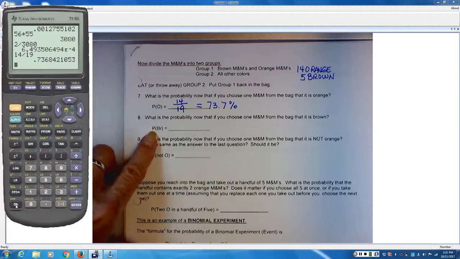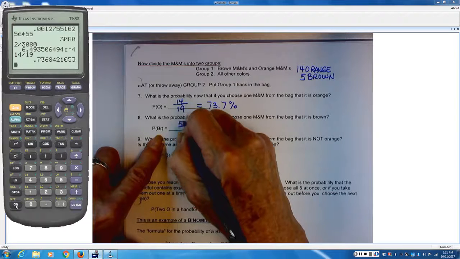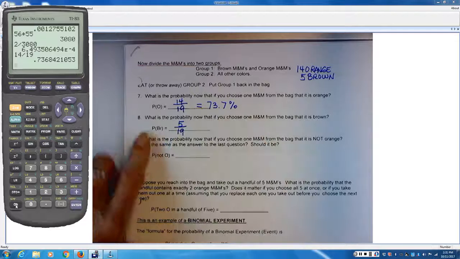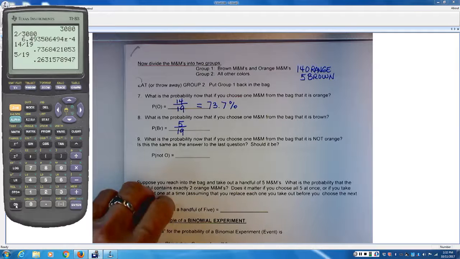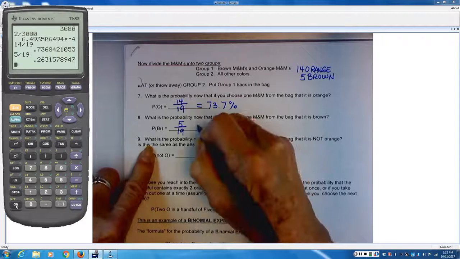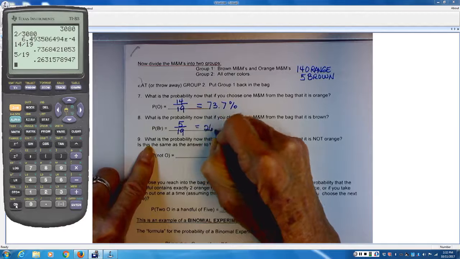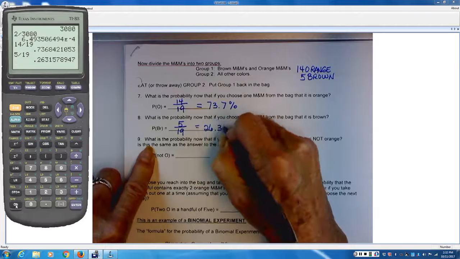What's the probability now if I chose one M&M from the bag that my M&M is going to be brown? Not too good. 5 out of 19. Which is not impossible. I could do it. 26.3%.